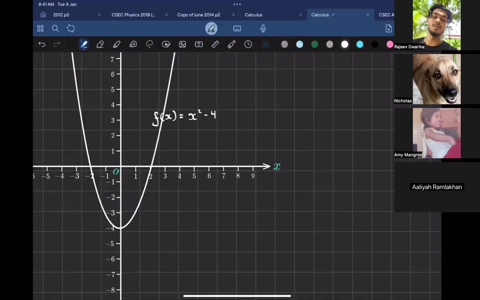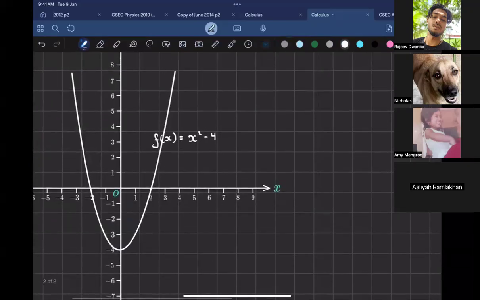So we have a curve here, and the function is x squared minus 4. How would I find the gradient at this point? Let me just say at x is equal to minus 3.